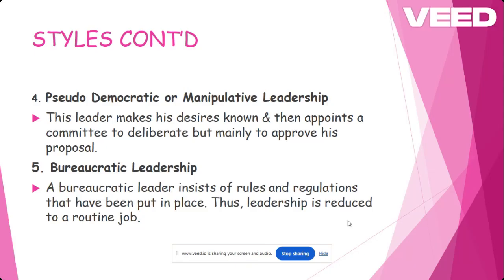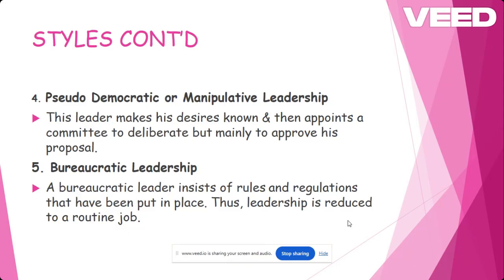Mainly they're just there to approve his proposals. In this kind of leadership, the leader may reward those who support him because they are advancing his agenda or his proposals in the workplace.